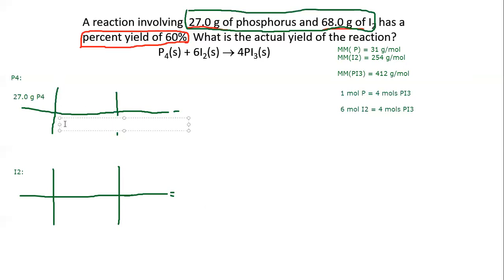Again, we're starting with the mass of phosphorus. We divide by the molar mass. Made a mistake. It should be P4, so it should be 124 grams per mole. Again, the mass goes on the bottom.